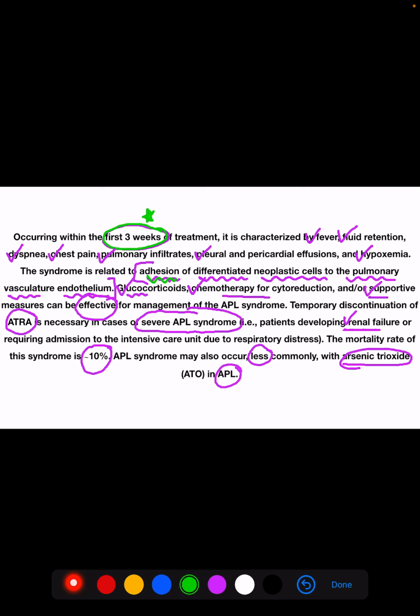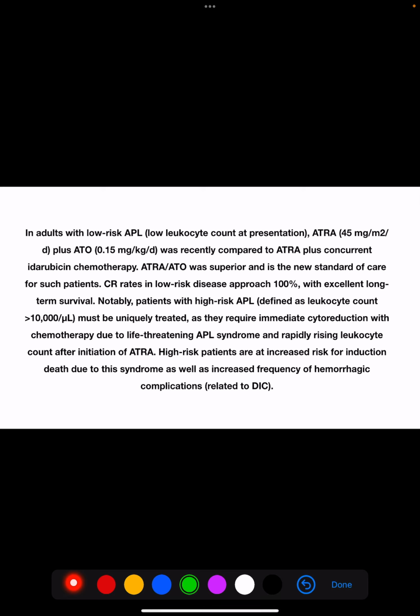Because of the adhesion of the differentiated neoplastic cells to the pulmonary vascular endothelium. What is effective for its management? Glucocorticoids, chemotherapy, and supportive measures.